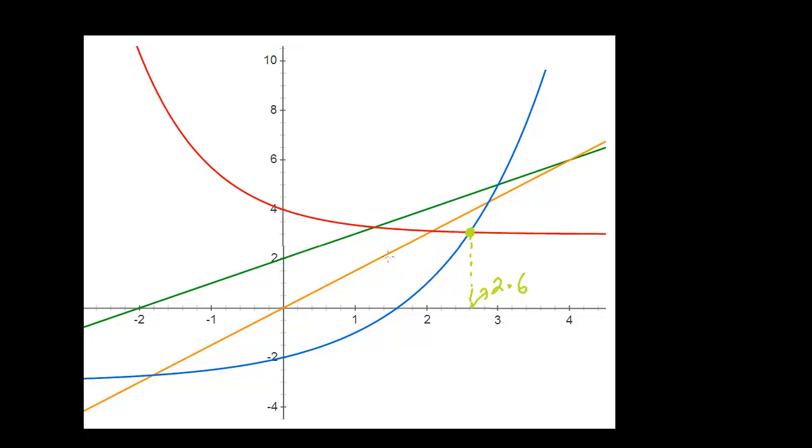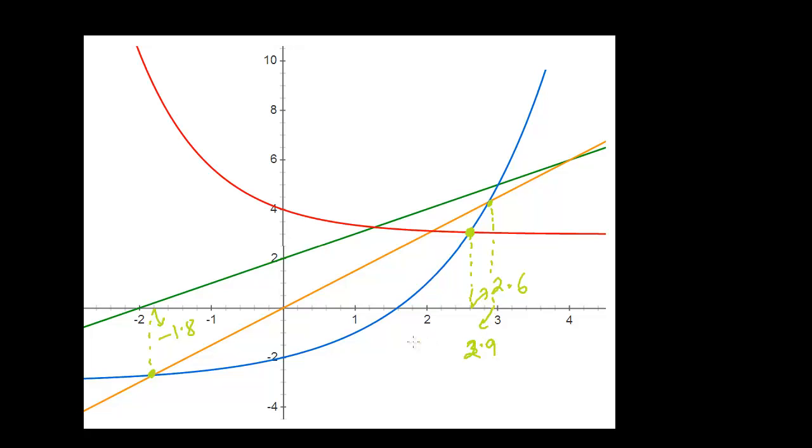The next one is the intersection of this 2 to the power x and the line, and they intersect at 2 points. One point is over here and the other point is over here. So here they intersect at around minus 1.8, and the other one is over here, so this is 2.9.